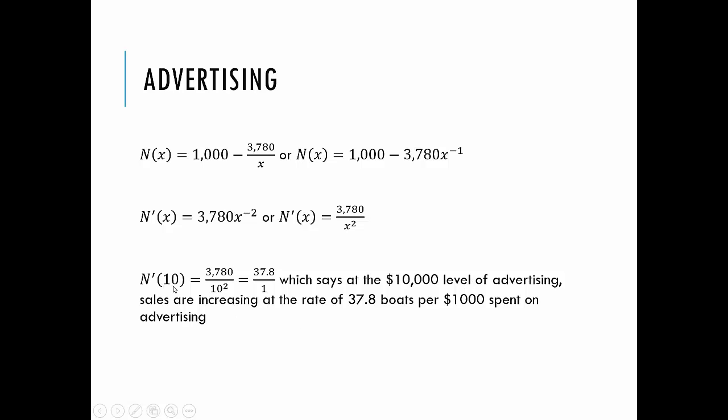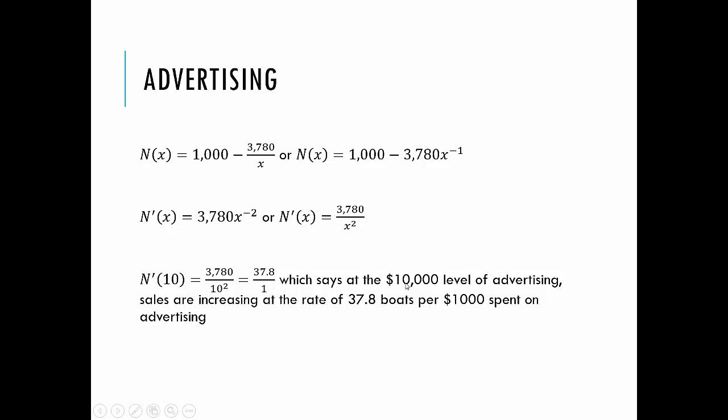I plug in 10. So I put in 10 here, which is my advertising, my $10,000. And I leave this as a fraction because that helps me read. In other words, again, my change in the top over the change in the bottom. Well, remember what these meant is you can certainly see because we plugged an X in the bottom as that's my advertising.